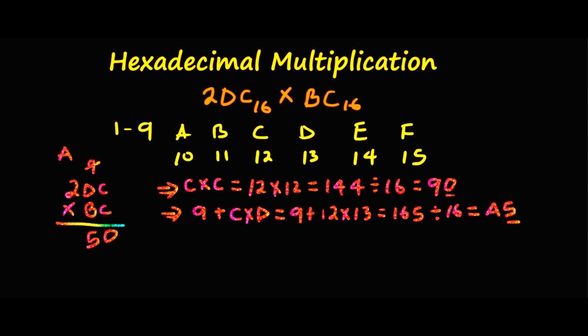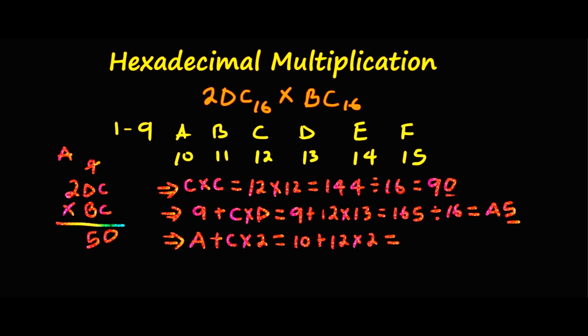So you have A as the new carry, so that in your next step, you start with the carry, that is A, plus now the next multiplication, that is C times 2. So A plus C times 2. A is 10, so 10 plus C, which is 12, times 2.